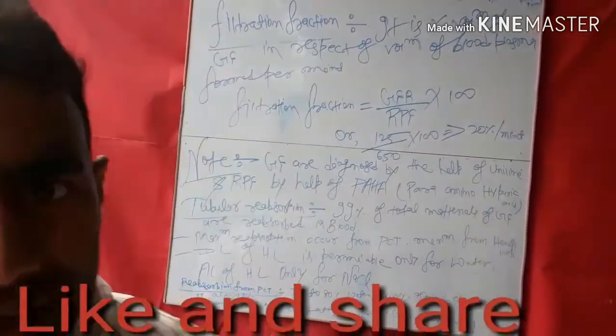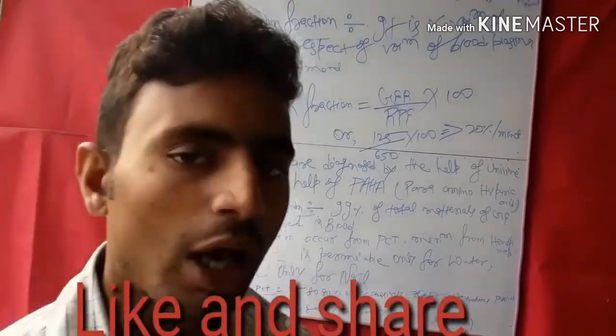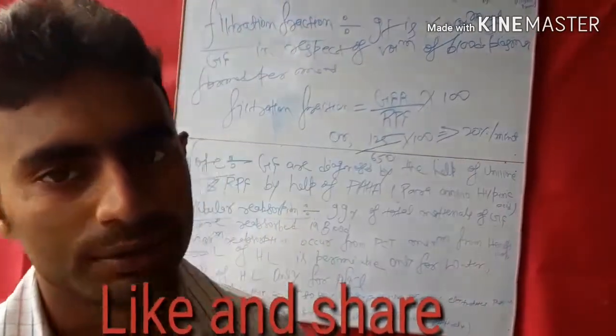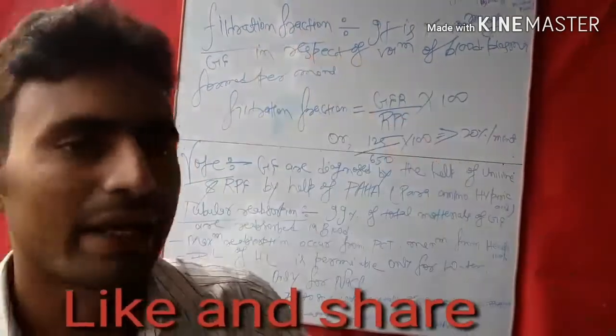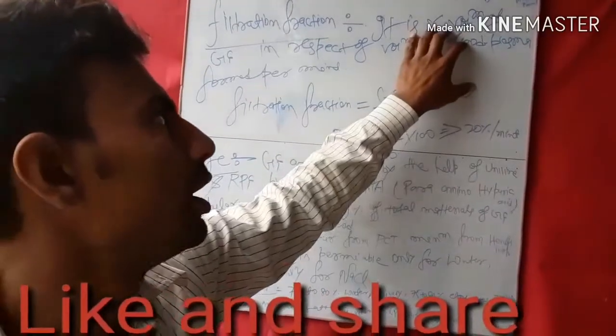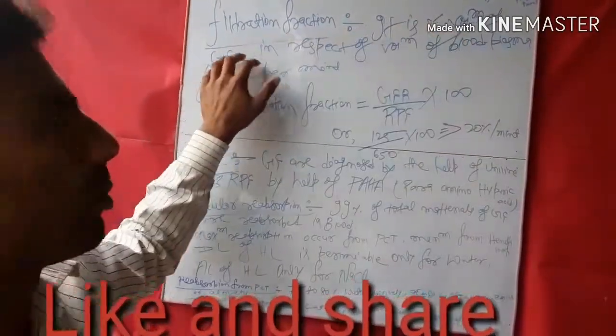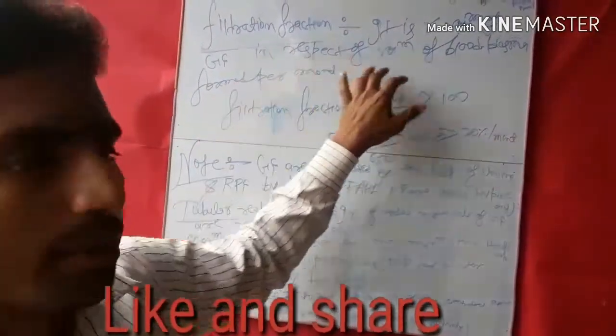The next topic is filtration fraction. And what is filtration fraction? Today we will also take complete knowledge of tubular reabsorption. First of all, we will know what the filtration fraction is.